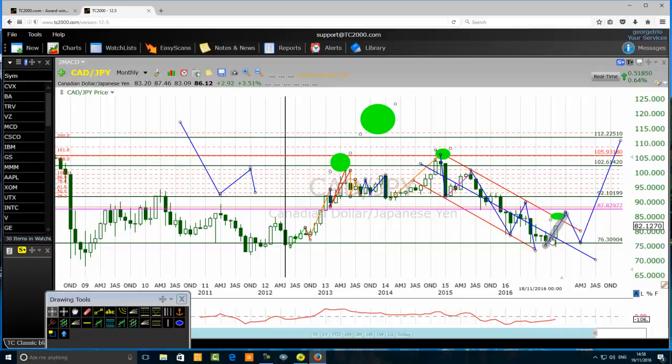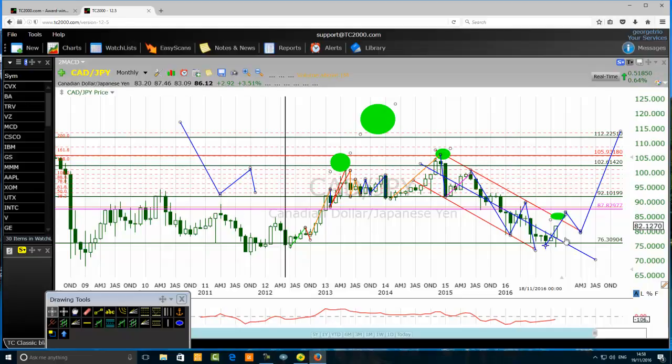So I will prefer, as it's going now, to go up. So this is my preference. Doesn't mean this is what will happen. It will be nice to have another move where this currency pair goes up a little bit near the 8782 and then comes down to 7630 or forms a higher low on the edge of the trend line and then continues to go up.